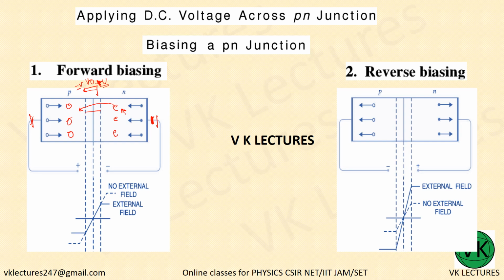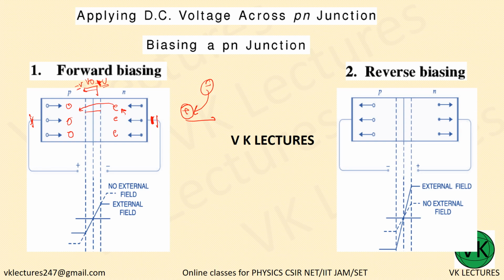That means we actually want this electron to cross the junction. That means we are reducing the barrier potential. See, there is a positive potential. If you bring a negative charge towards this positive potential area, its potential decreases, right?